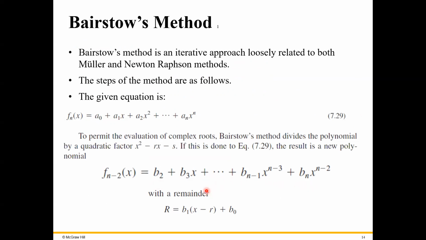When we have found two of the roots, that means b0 and b1 should be 0, and then to represent the polynomial of degree two lower, we need the coefficients b2, b3, and bn.